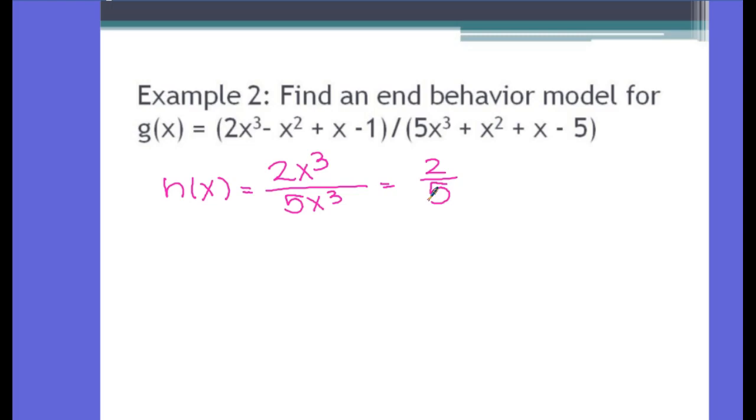If the top and bottom highest powered exponents are the same, what is the horizontal asymptote? It's the coefficients. h of x is literally the coefficients, right? So the end behavior model, in this case, because the top and bottom are the same, is the horizontal asymptote.